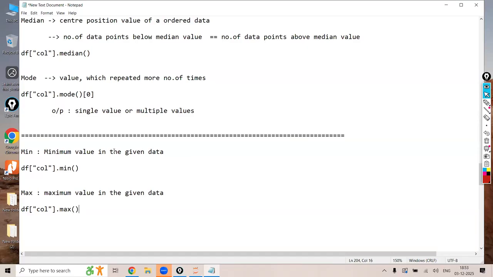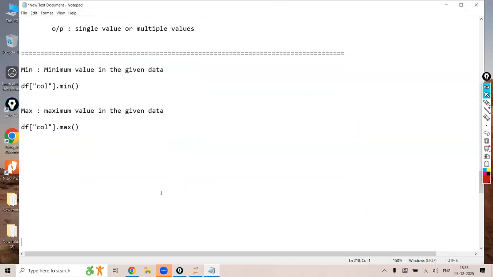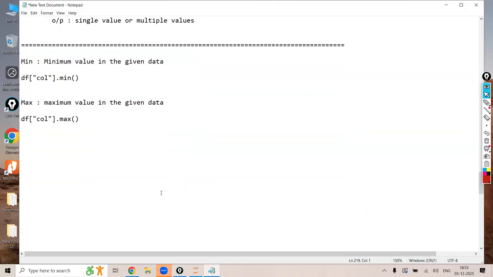This gives the minimum value and this gives the maximum value. The advantage of minimum and maximum is that we understand from where the data starts and where the data ends.